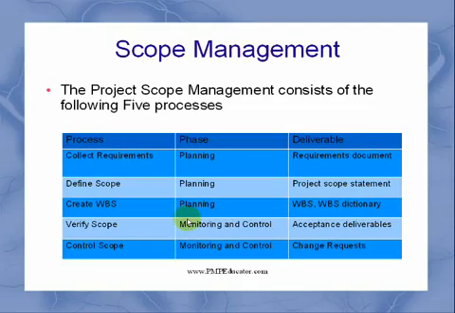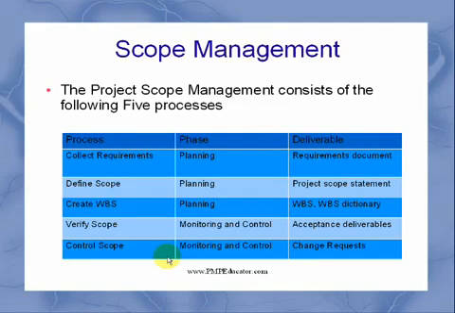And finally, the process is control scope, where we monitor the scope of the project in the monitoring and control phase, and we want to make sure that we are not adding something which is not required. Say you are building a green car and you want to make sure that it only has the hybrid form, so that we don't have a feature where you just disable or take the battery out and it works as a gasoline car.